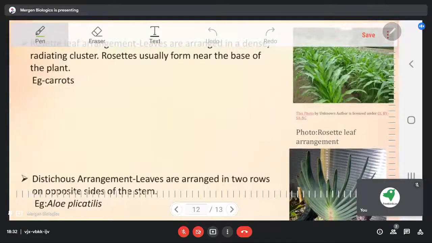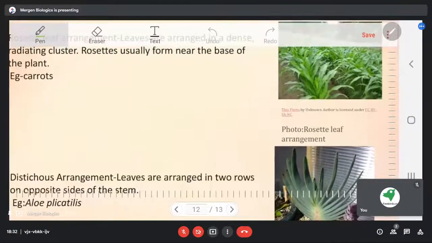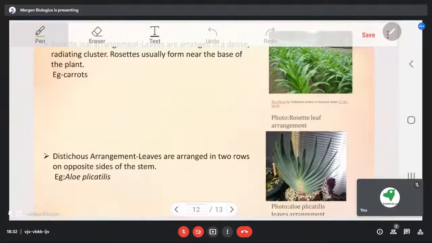Then we have this rosette leaf arrangement. This is very common in carrots. If you have a carrot in your garden or in your kitchen garden, you can observe this. The leaves are arranged in a very dense and radiating cluster. They usually arise from the base of the plant. That is somehow related to the basal leaf structure, but they are very different.